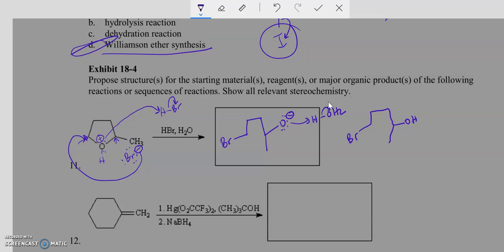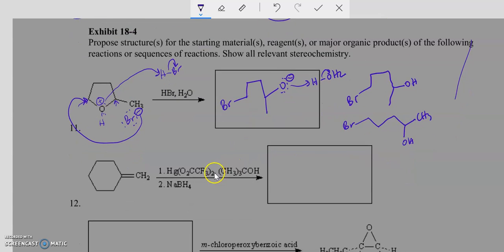That's going to be the product. If you want to write it down better, you can do it like this. They are all acceptable.